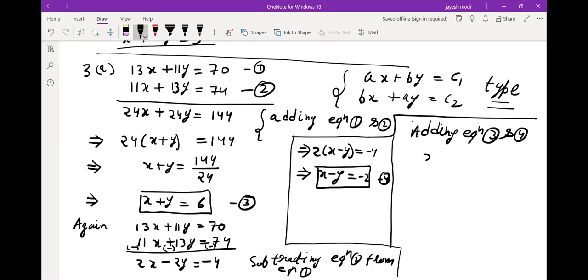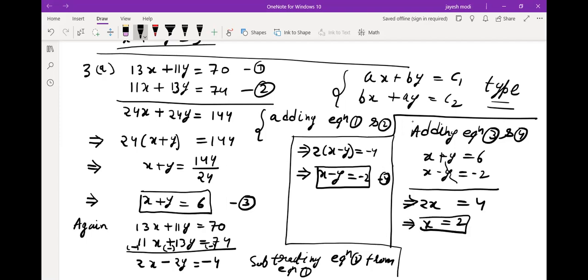We get x plus y equals 6, x minus y equals minus 2. Adding both, y cancelled out, x plus x, 2x equals 6 minus 2, 4. It implies x equals 2.